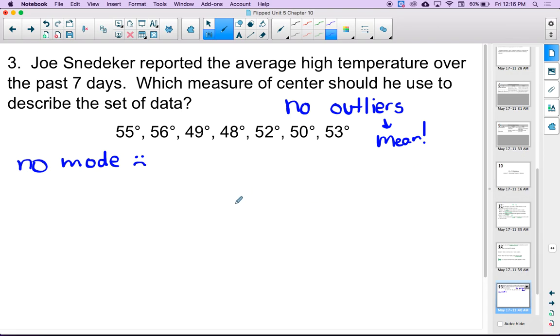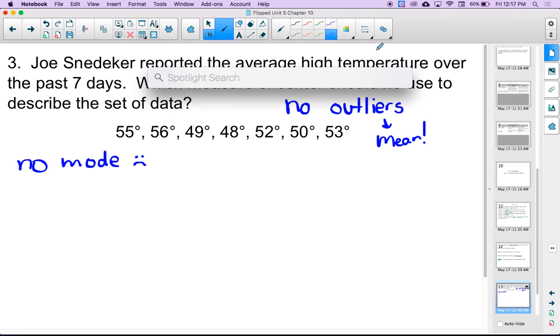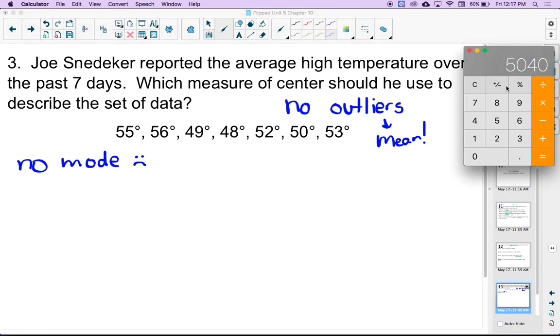Just as a review, let's find the mean to see how it is done. If we want to know what our mean is, first thing we are going to do, we're going to add up all the numbers. So let's add them up here. We have 55 plus 56 plus 49 plus 48 plus 52 plus 50 plus 53.